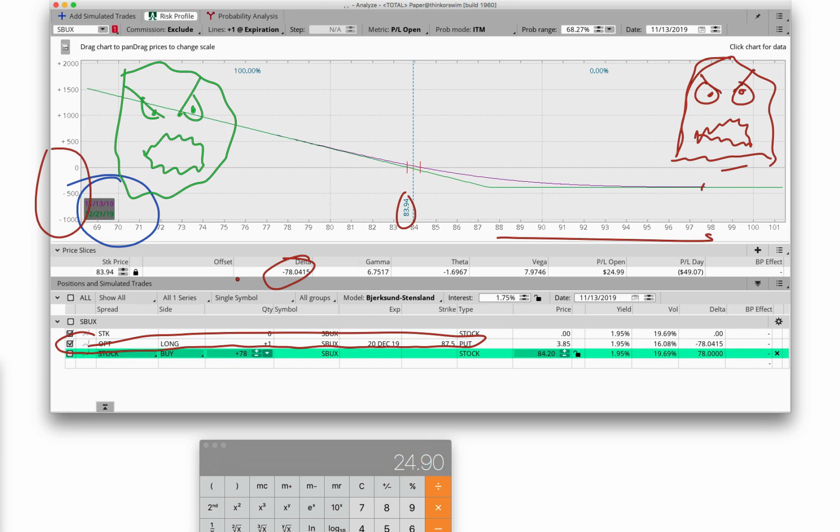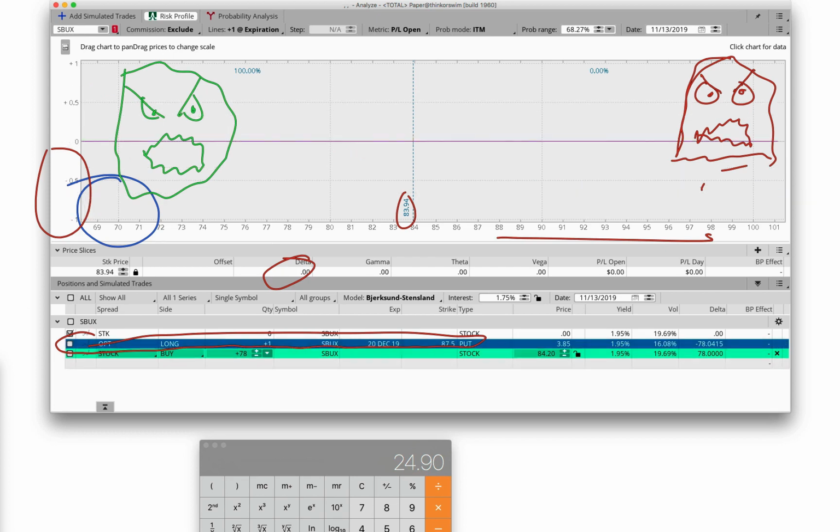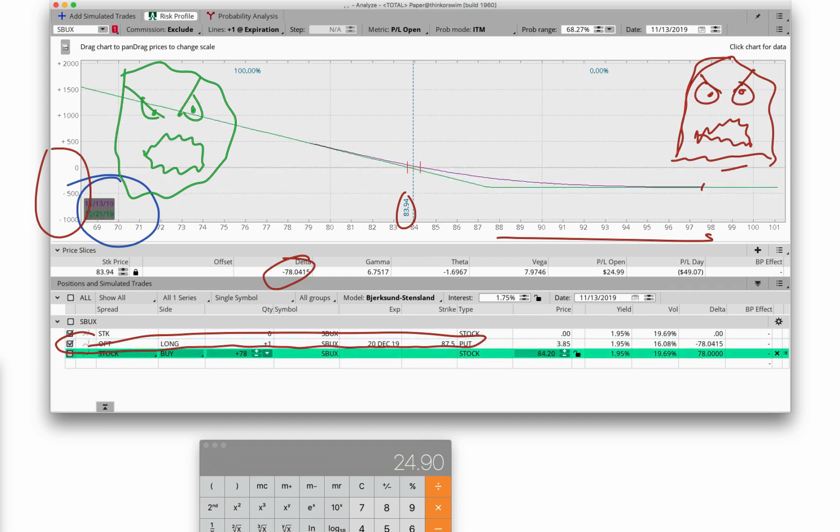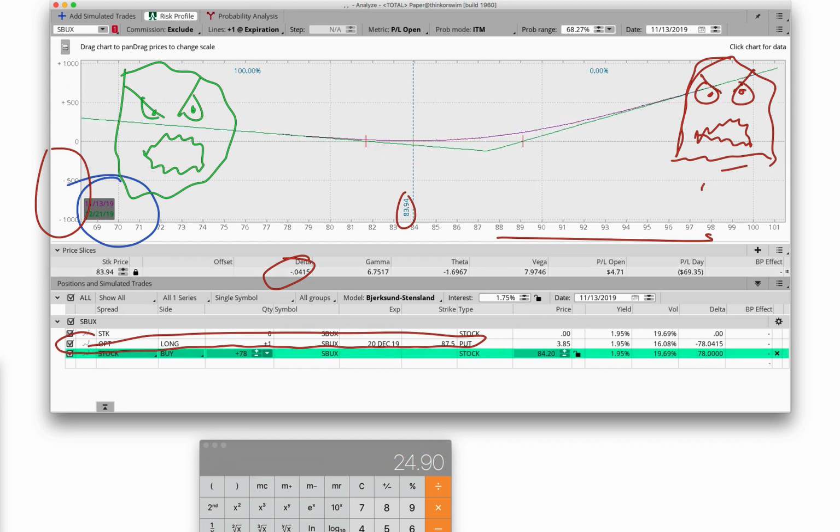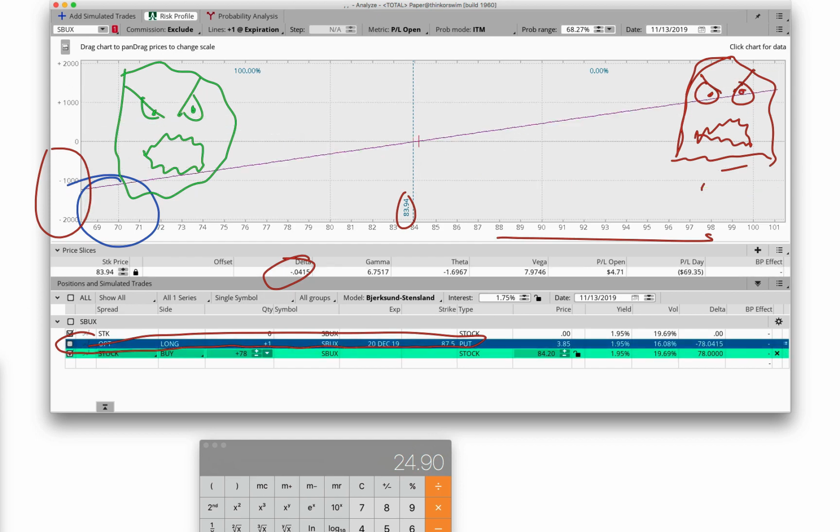Negative 78. Well, guess what? That tells me that if I get a delta of positive 78, it will offset that delta of negative 78. And if I do this right, I can get this almost to zero, like 0.45, right?